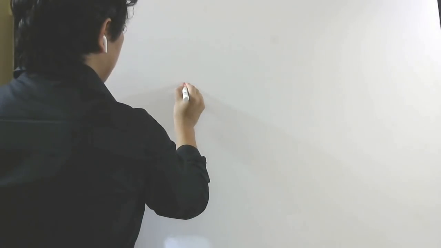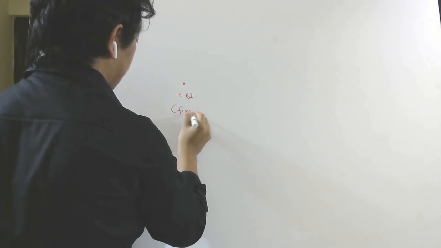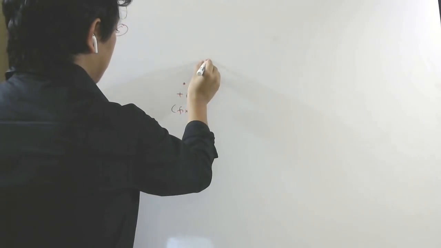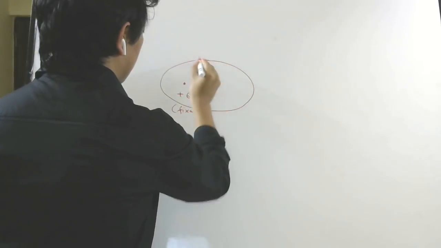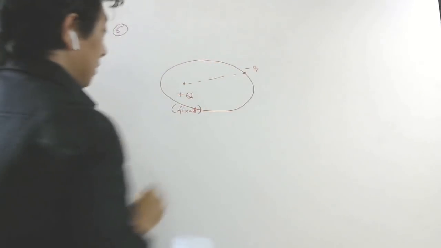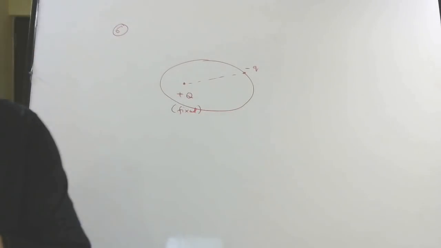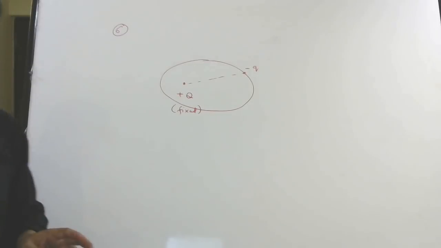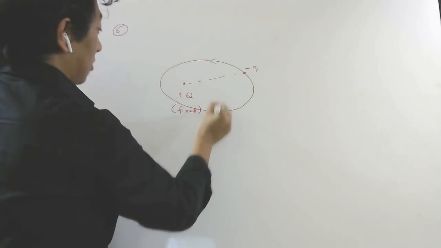So there is one charge plus capital Q, and this should be kept fixed. And another charge, minus q, is going in an elliptical orbit. So this is very much like your Kepler's first law. This is like your sun, this is like your planet. It is going in an elliptical orbit.